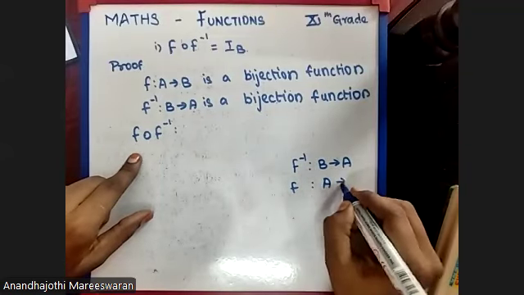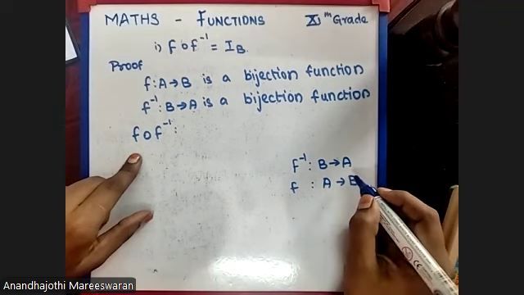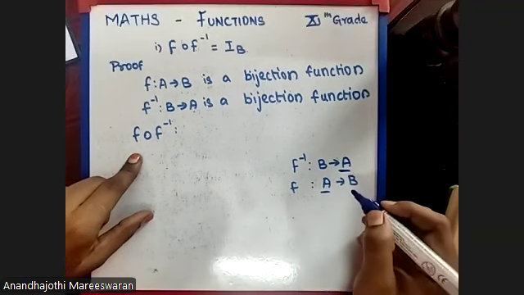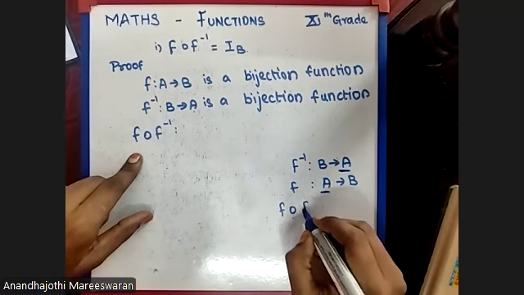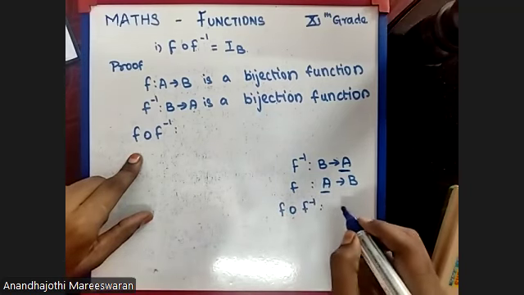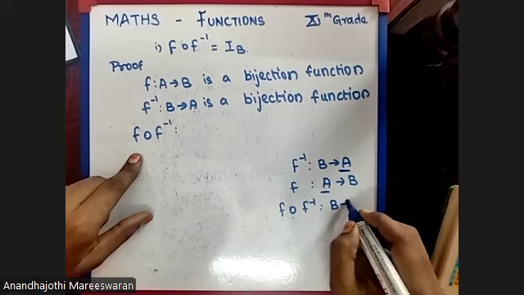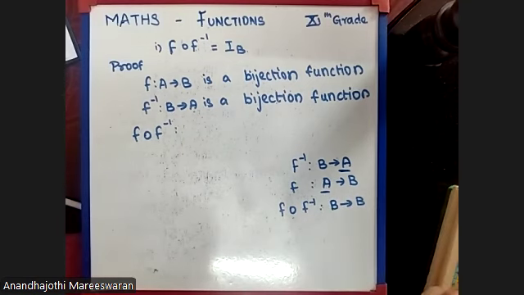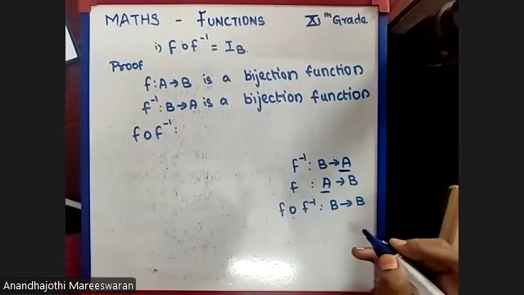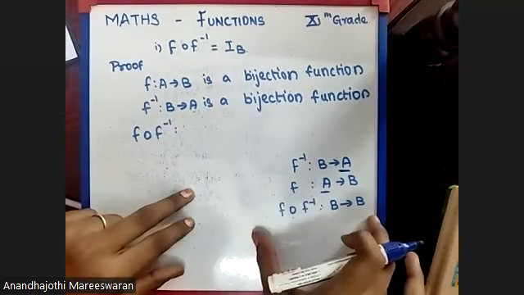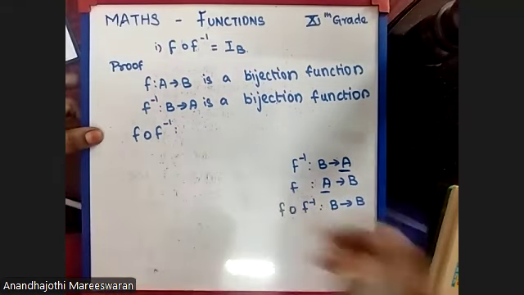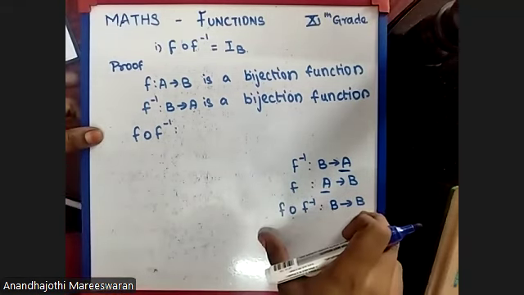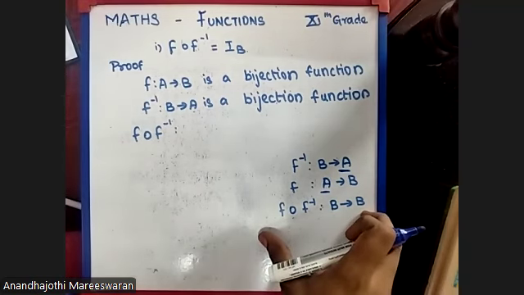Maps A to B. Right? Here the codomain of f inverse and domain of f are the same. So f circle f inverse has domain and codomain B to B. The same thing we did in the previous sum also. If anybody has a doubt, otherwise we can proceed.